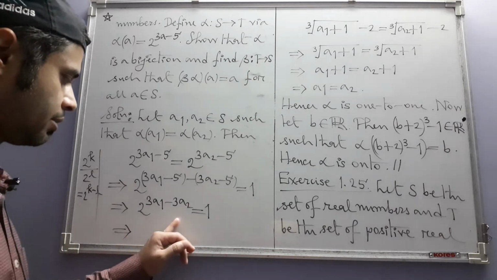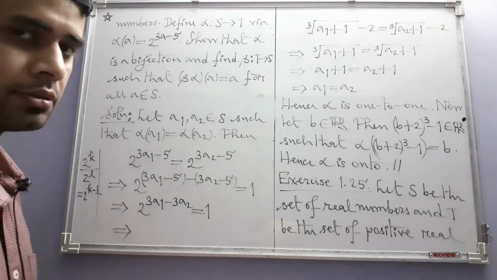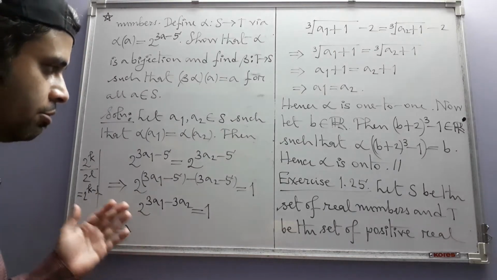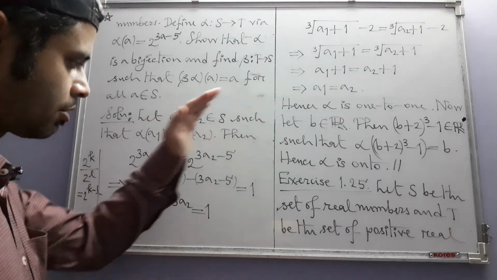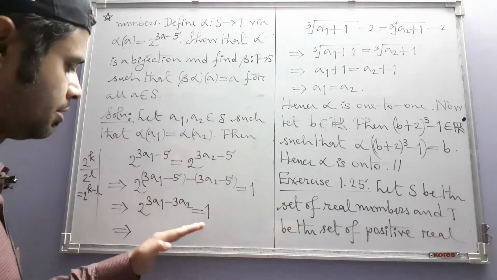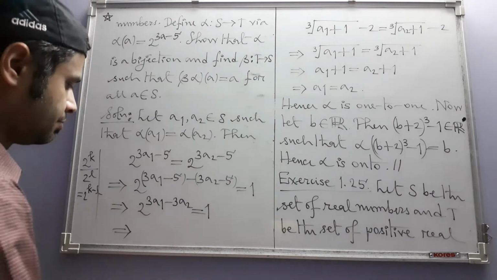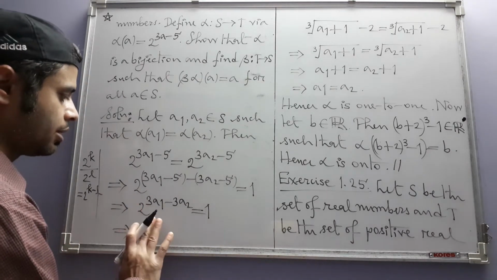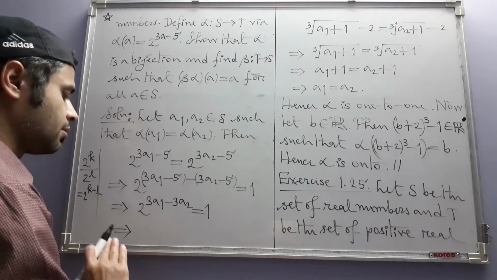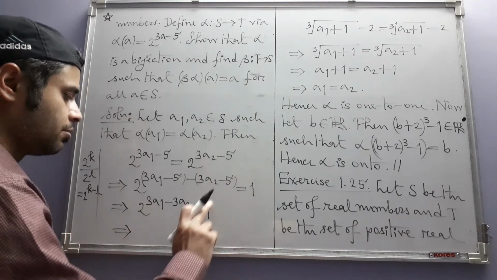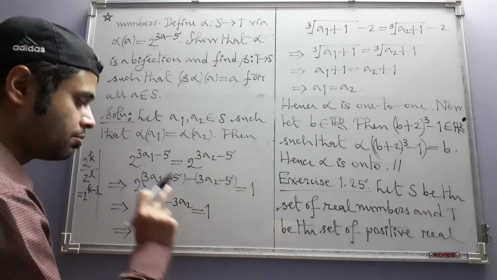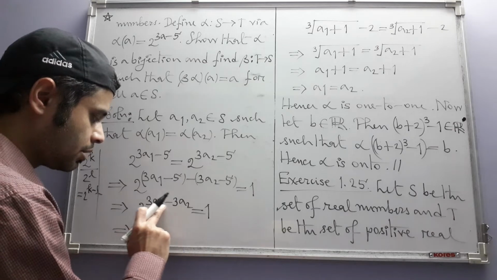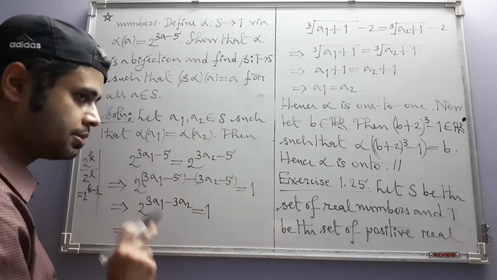Now if you look at the function 2 to the power something, that something can be any real number. If you draw its graph, the graph crosses the point 1 on the y-axis precisely when the exponent in this power is 0.